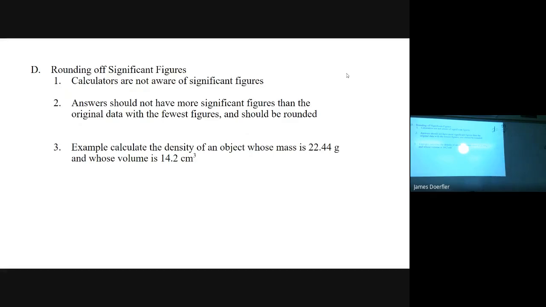Before we even calculate this, let's first find out which of our measured values has the smallest number of significant figures, so we know what to round to. So, 22.44 grams over 14.2 cubic centimeters. Which one of my values has the least amount of significant figures?